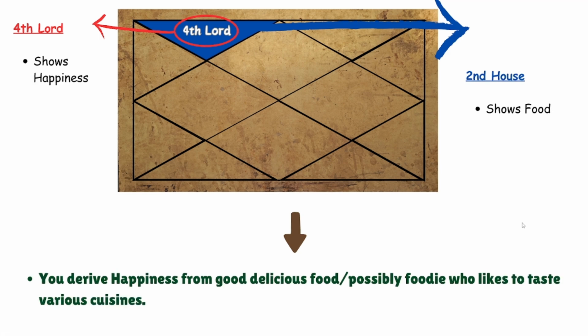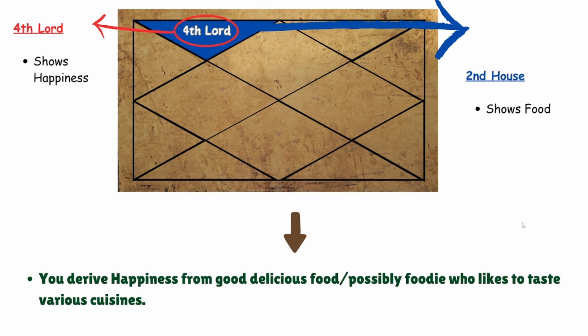Now fourth lord shows happiness and the second house shows food. So you are someone who derives happiness from good delicious food. Maybe you like your mother's food. Possibly you are very much a foodie in nature who likes to taste various cuisines.